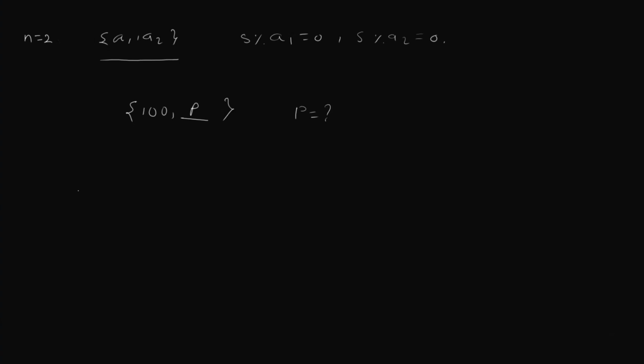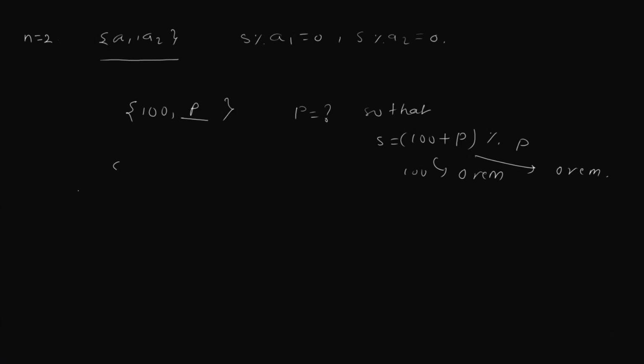What should p be so that s, which is equal to 100 plus p, the sum, gives 0 remainder when divided by 100, and when divided by p, it should also give 0 remainder. So how are we going to decide?